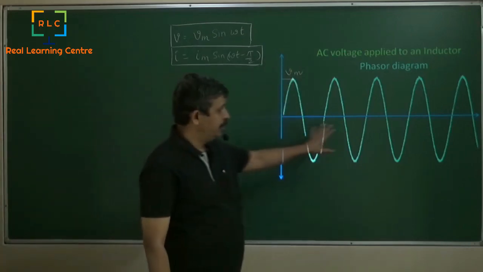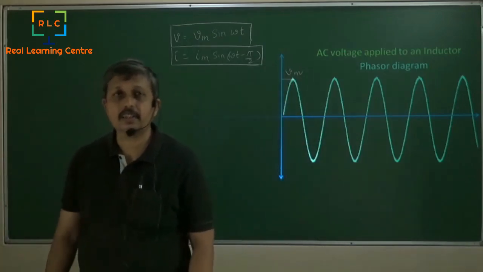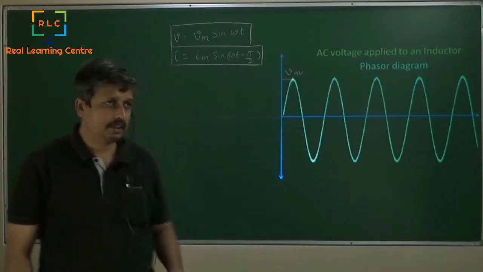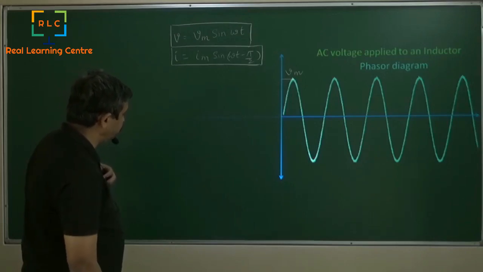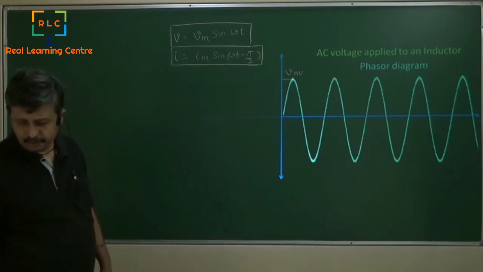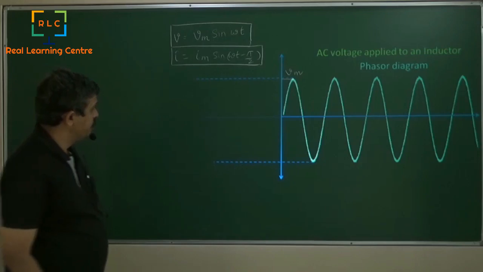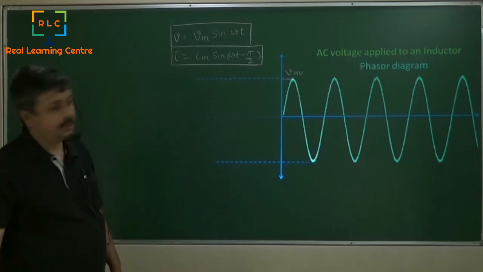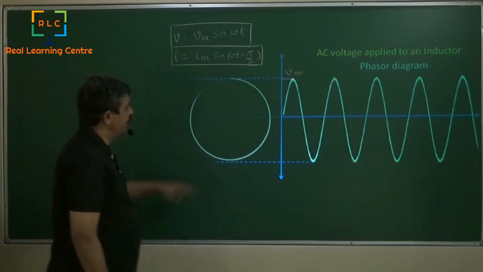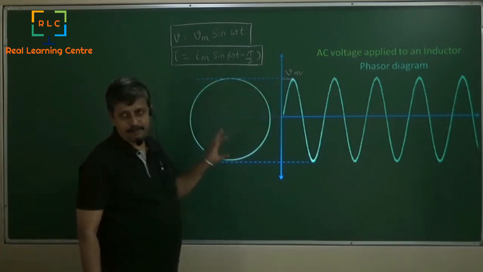and it is running at angular frequency omega. At that same height, I'm going to draw two lines here, and I'm going to draw a circle whose radius is Vm.